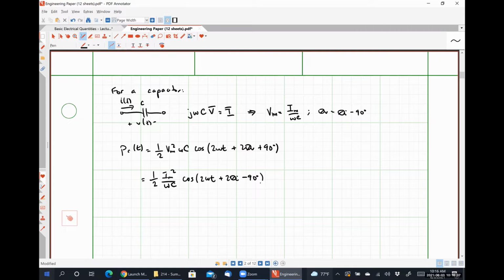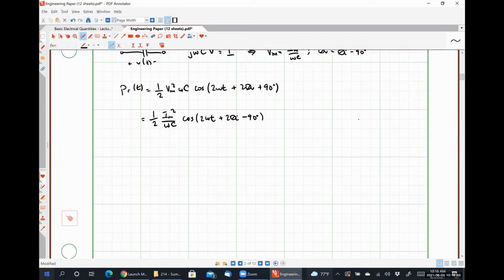So there's a couple of interesting things that we can unpack from this. For a resistor, let's call this PR of t, and here is t.